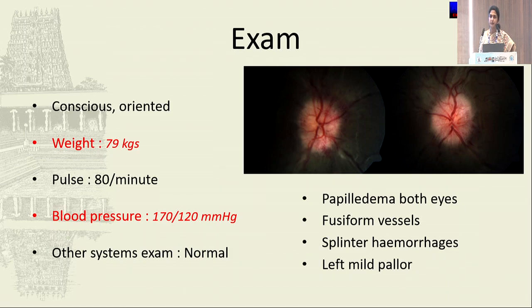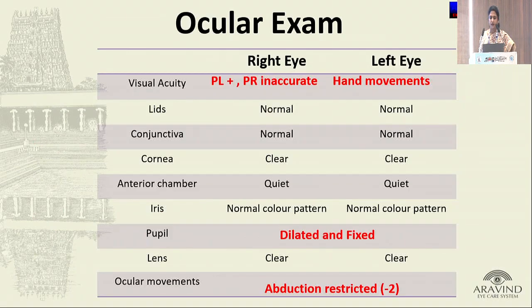So with papilledema in both eyes, a typical picture like this, as you see, her visual acuity in the right eye was PL plus, PR inaccurate, and left eye was hand movements. Pupil was dilated and fixed. And there was movement restriction. Adduction was restricted.